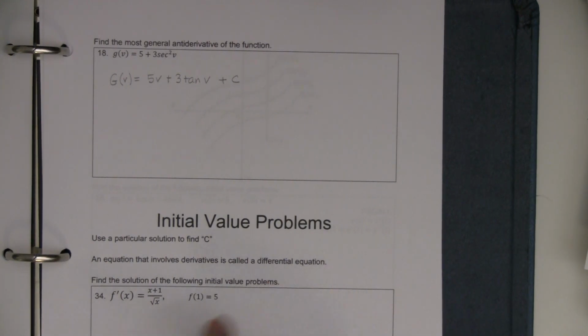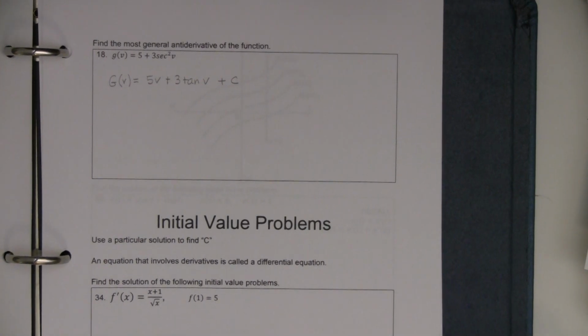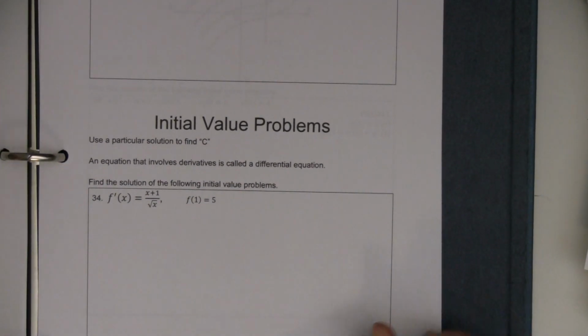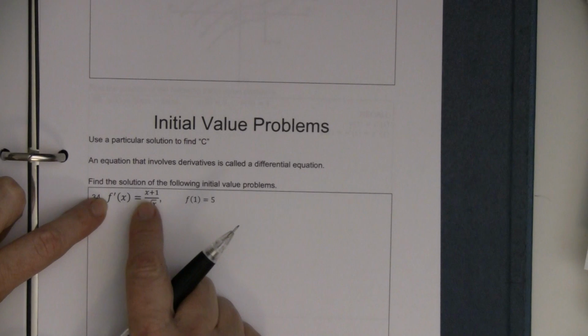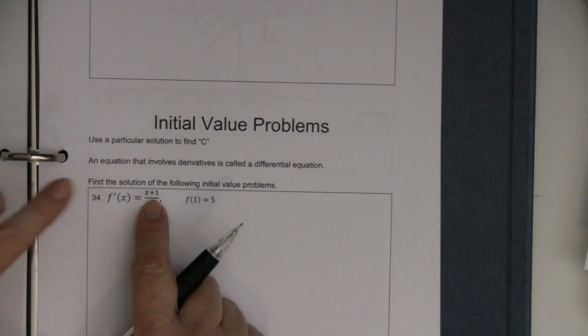In our class they call them initial value problems. They also call them differential equations. All the same story. So how you solve those is that I have to find the antiderivative. They're telling me f prime equals this, so I'm going to find the antiderivative of that.